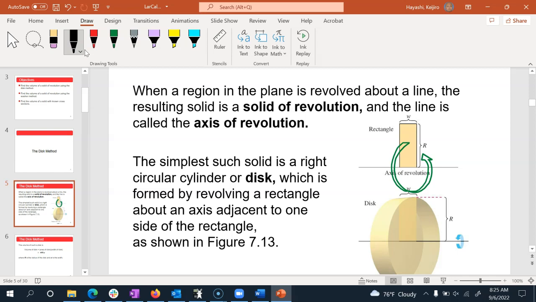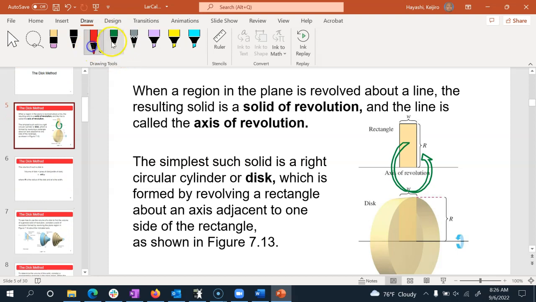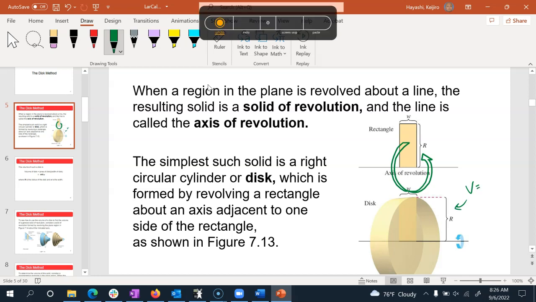Now, the volume of this disk is, if I remember correctly, pi r squared h.